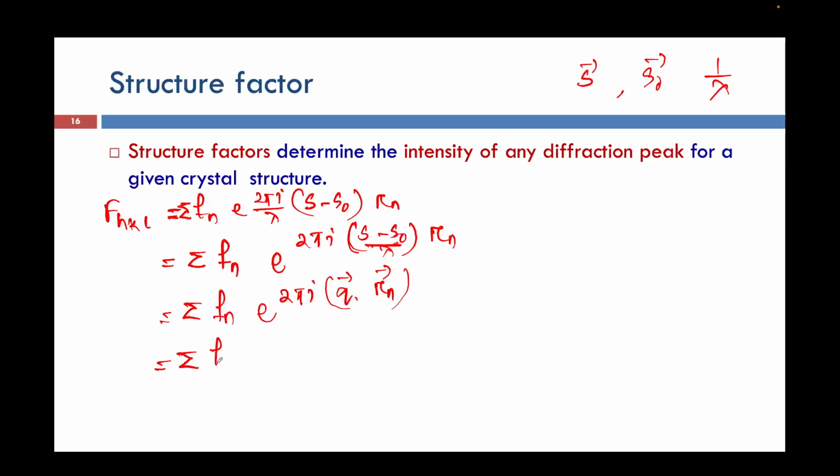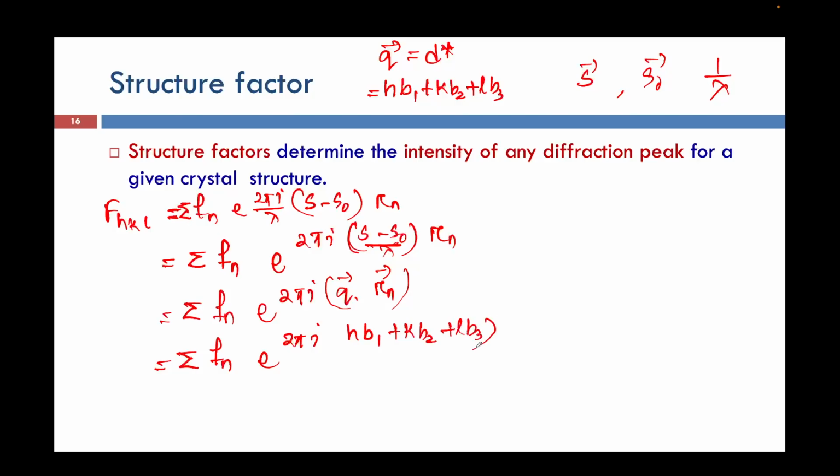So I can write it like Fn e to the power 2 pi i, Q dot Rn. Q, I know that for a diffraction condition, Q is d star, right? So how have I defined d star? Let's say I have defined it as h into b1 plus k into b2 plus l into b3, where b1, b2, b3 are the coordinate system in reciprocal lattice. This is the dot product with Rn.